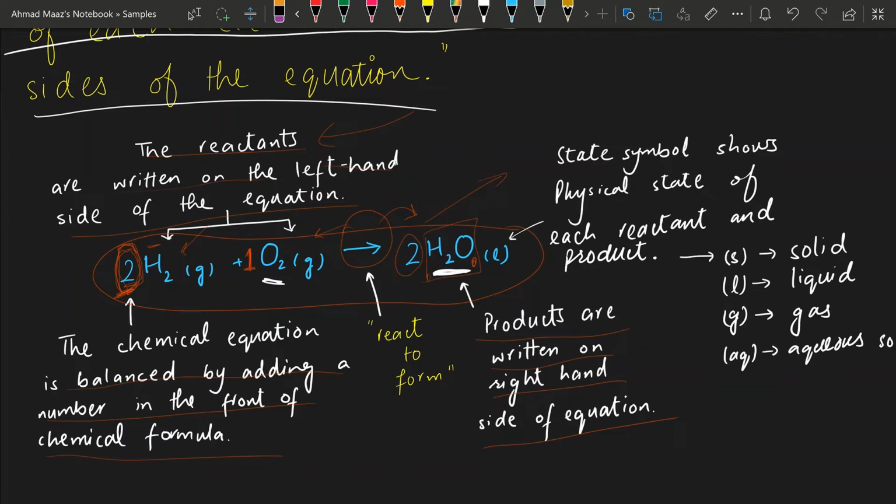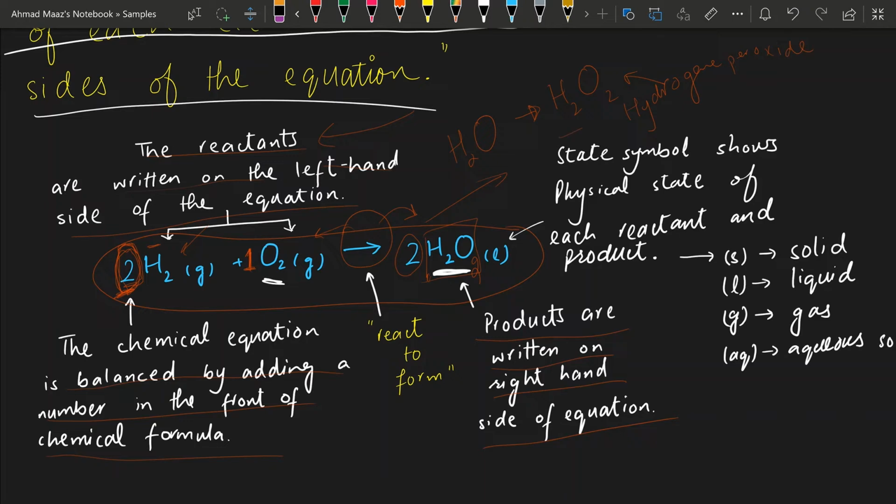If we add a 2 over here, then it will turn water, H2O, into H2O2, which is hydrogen peroxide, which is something you do not want to drink. This is hydrogen peroxide.